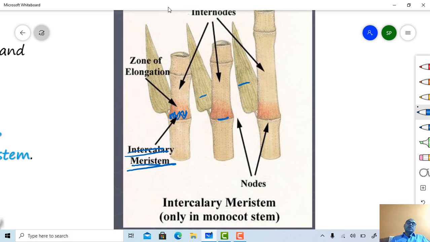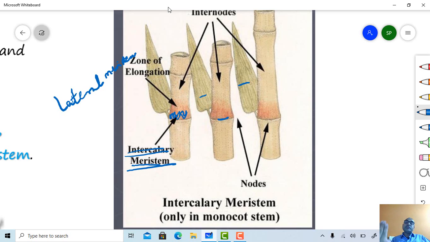One more thing, within a monocot, lateral meristem remains absent. Lateral meristem is absent in a monocot stem. If you see, within a dicot, cambium is present, and due to the presence of cambium, it is said that secondary growth takes place within a dicot.